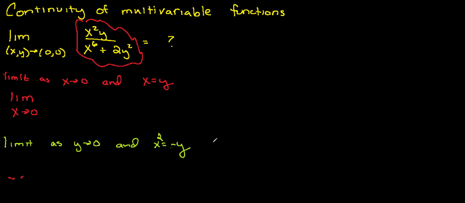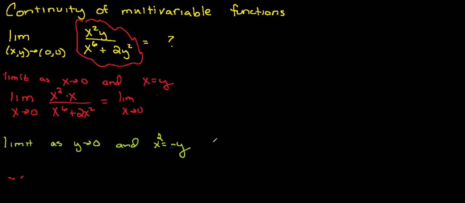I'm taking the limit as x goes to 0, so I'm going to leave x's in the problem. So I've got an x squared times y, but I know y is equal to x, so I'll replace that. Down in the denominator, I'm leaving the x squared there, and instead of a 2y squared, I'll have a 2x squared. Now, I can't do the limit right now because it's 0 over 0, but I can certainly simplify and then try to take the limit.